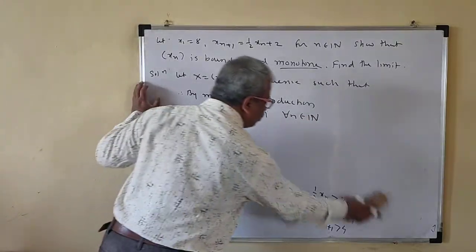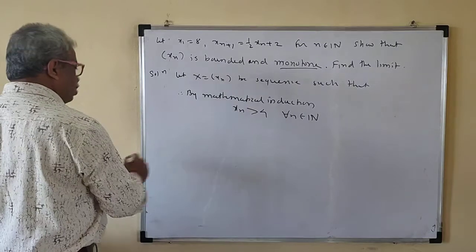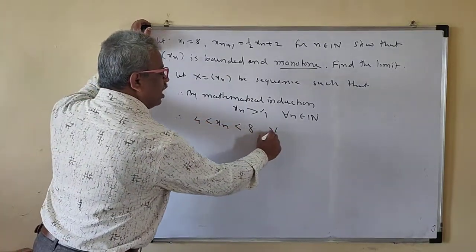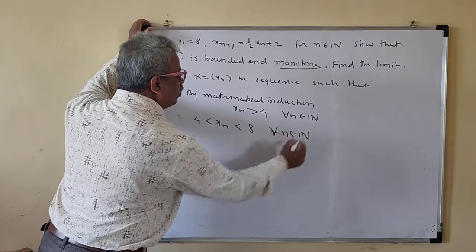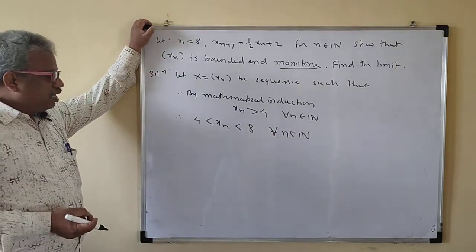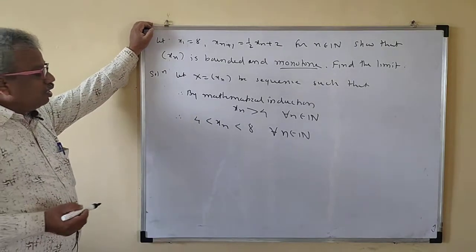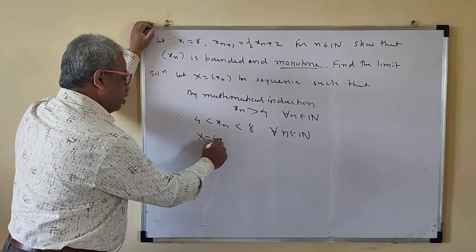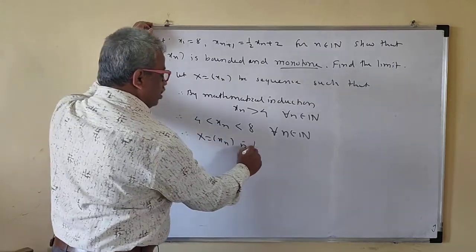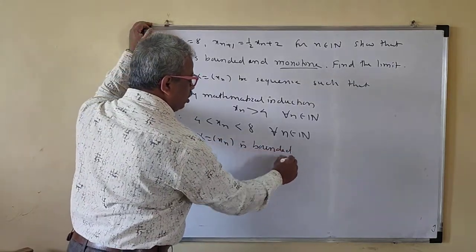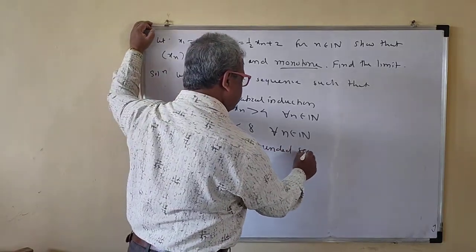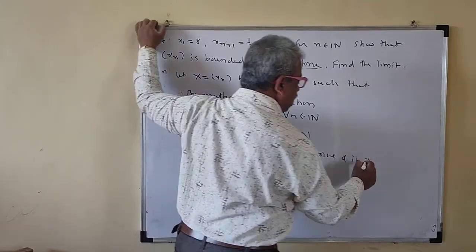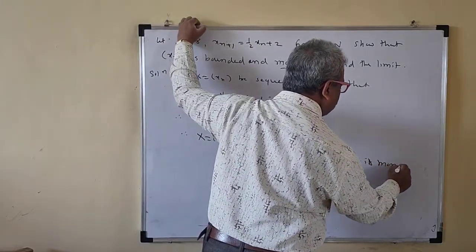Right? So therefore 4 is less than xn is less than 8 for all n belongs to N. We have already proved that xn is less than 8. Now we have proved that xn is greater than 4. That means xn is a bounded sequence, and it is monotone.